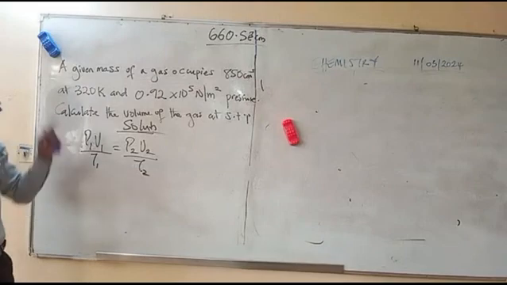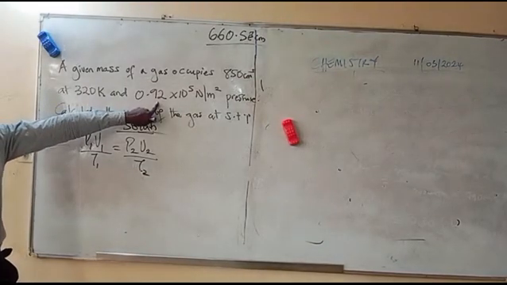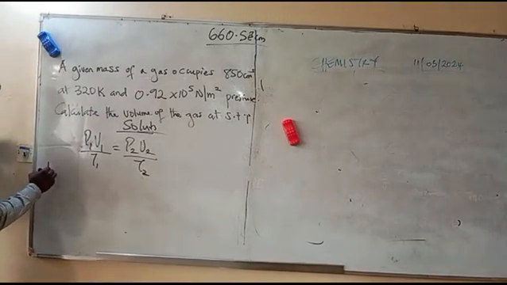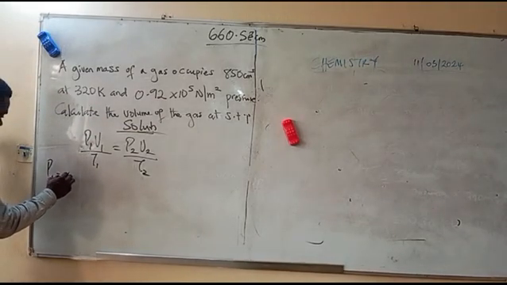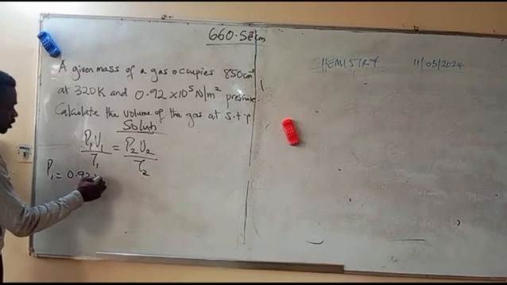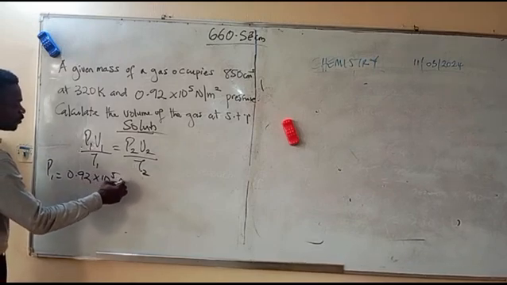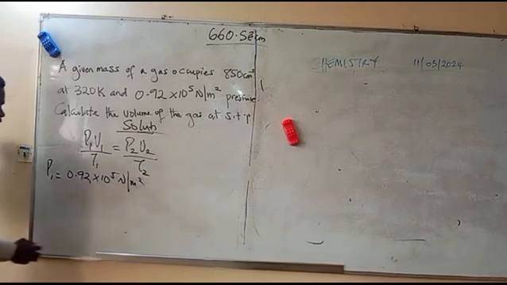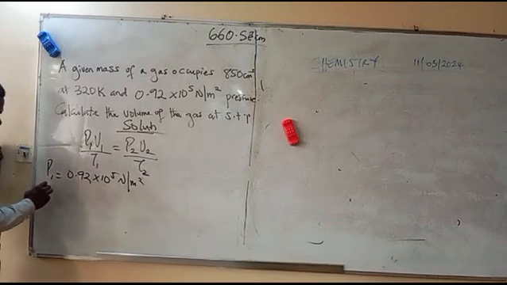So the P1 is 0.92 times 10 to the power 5 Newton per meter squared. Are we together?